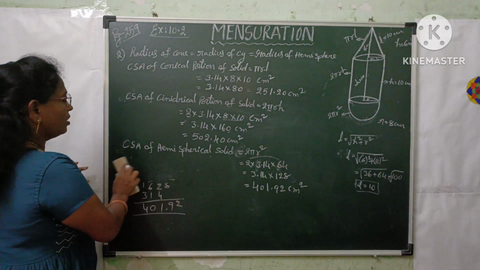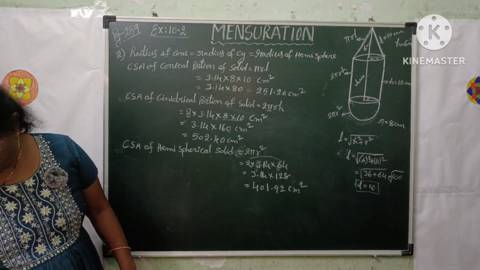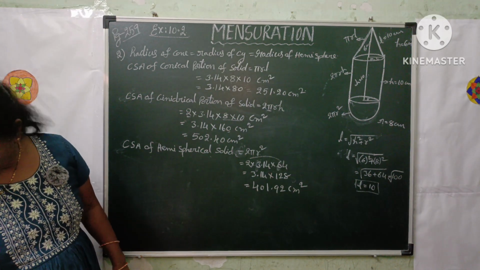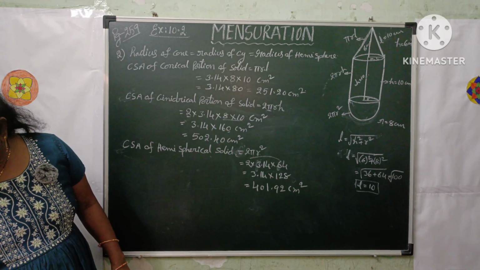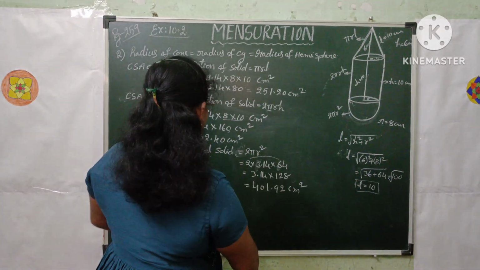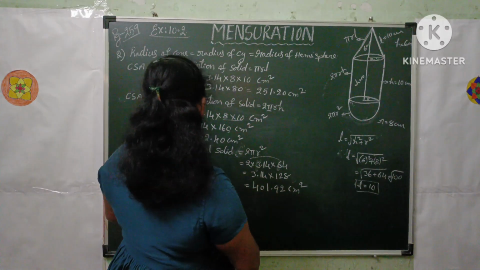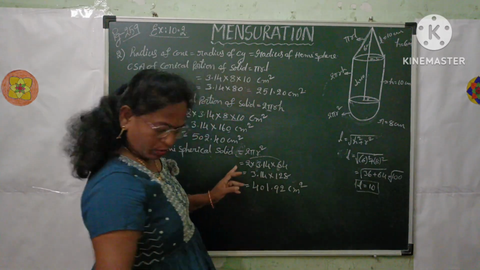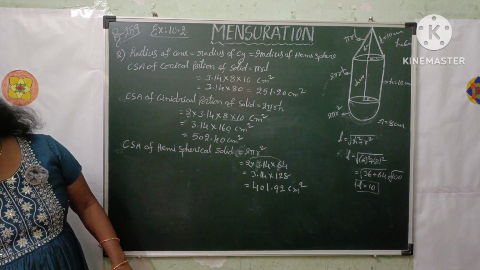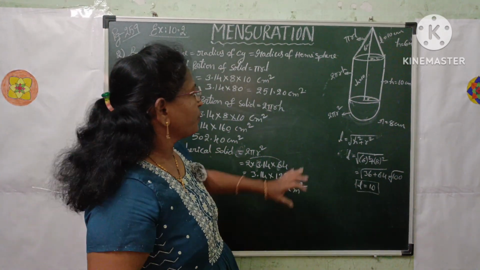This is for the hemispherical portion. Again check it there: 2 pi r square, hemisphere. Right. Correct only. Next one.